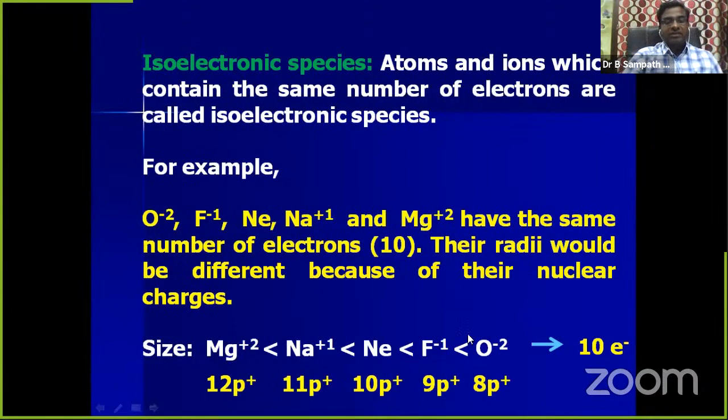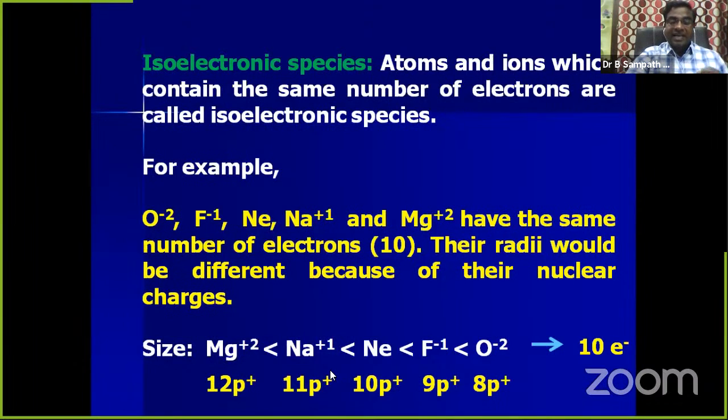So why is this? Let us see. Each species has 10 electrons, but each species does not have the same number of protons. Magnesium has atomic number 12, so 12 protons are there in the nucleus. For sodium 11 protons, for neon 10 protons, for fluorine 9 protons, and for oxygen 8 protons are present in their nucleus respectively.